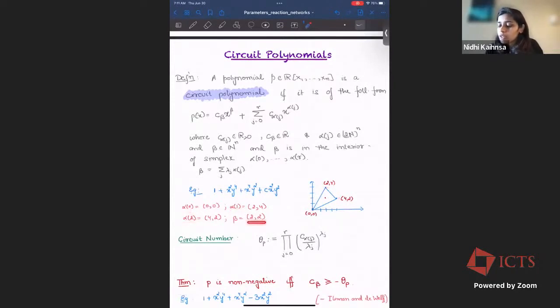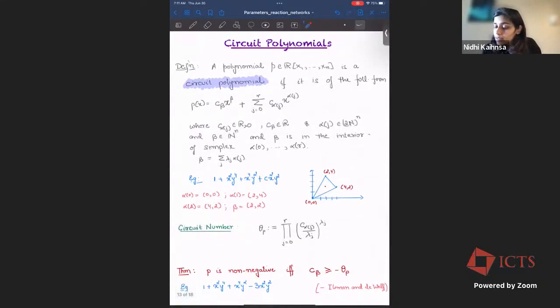Beta is (2, 2), which can be written as the sum of 1/3 of each of these points. With every circuit polynomial, there is an associated circuit number, which is given by the coefficients divided by the barycentric coordinates, given by how beta is divided amongst the three monomials which support the simplex.